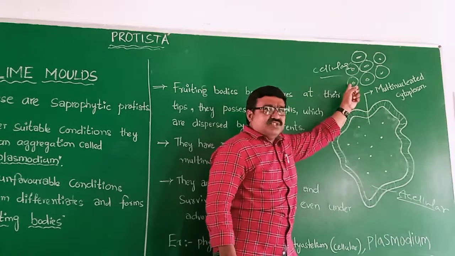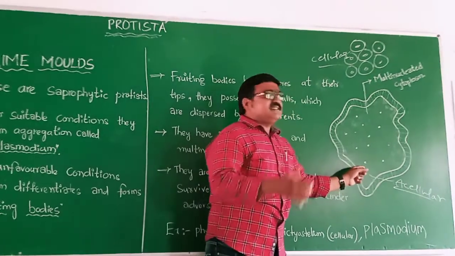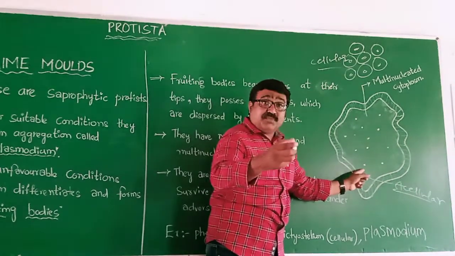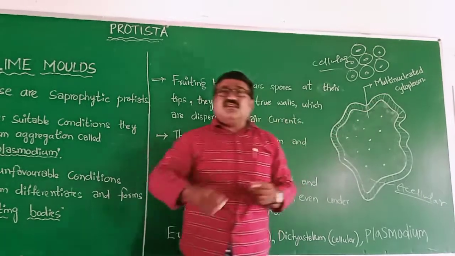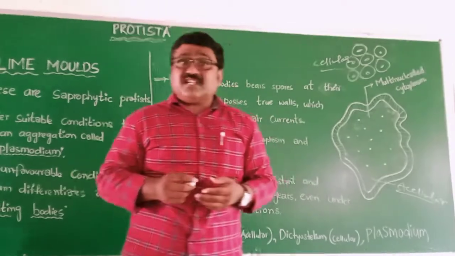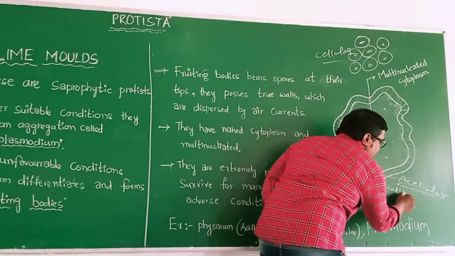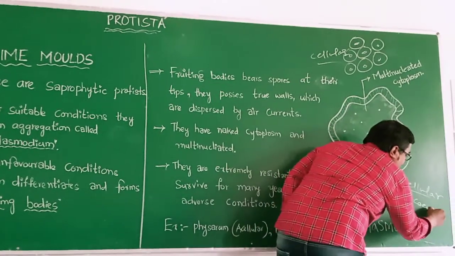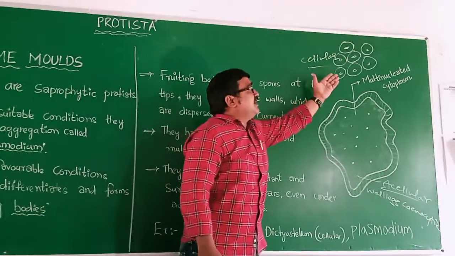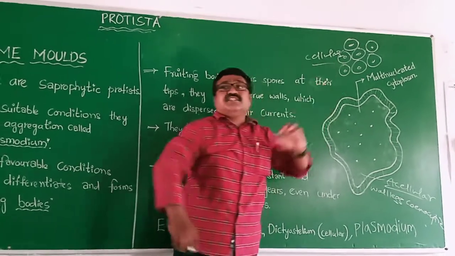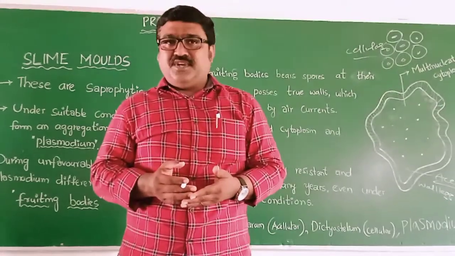In the acellular case, all the nuclei are present in a protoplasmic mass, hence we call it multinucleated cytoplasm, a wall-less coenocytic condition. In the cellular condition, several wall-less cells that look like amoeba are called myxamoebae or pseudoplasmodium.